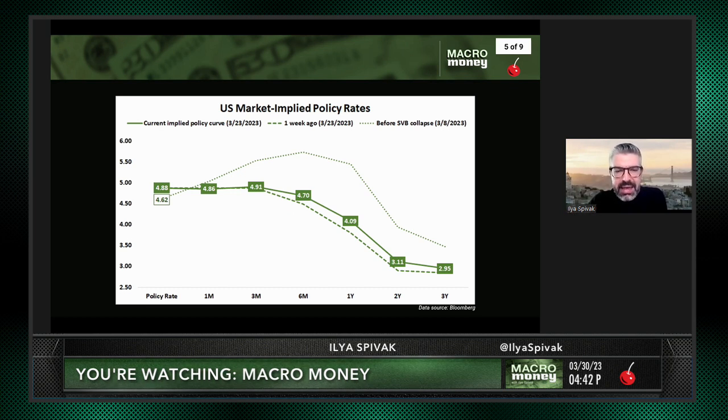What you're looking at now is, at this point, the end of rate hikes. So you can see that we are not actually expecting to go any higher from the current curve. That's the solid line there. We're at about 4.9, 4.8%. So right in the middle of that 4.75 to 5 range.